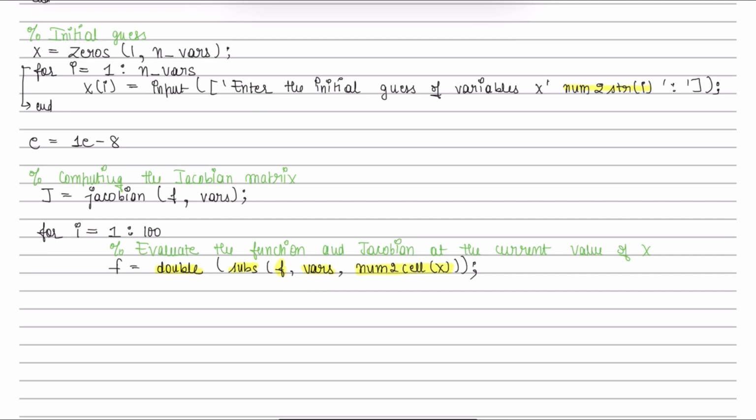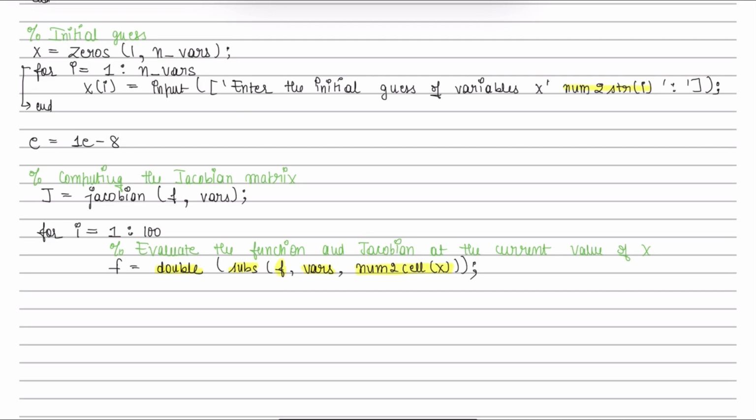So compiling this, subs will substitute variables value into symbolic expression. num2cell will convert a numeric array to a cell array for substitution, and double will convert symbolic results into numeric form. Similarly, we can evaluate the Jacobian matrix at the current value of X.